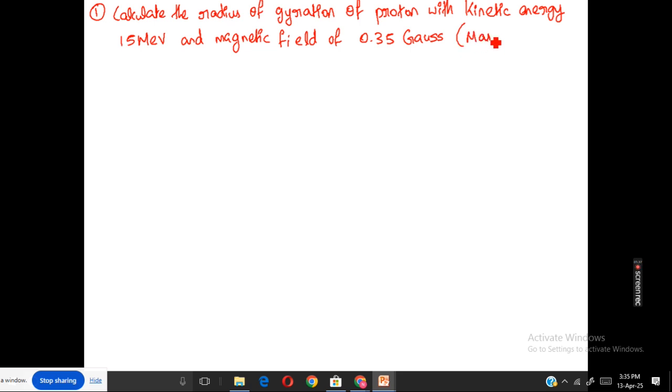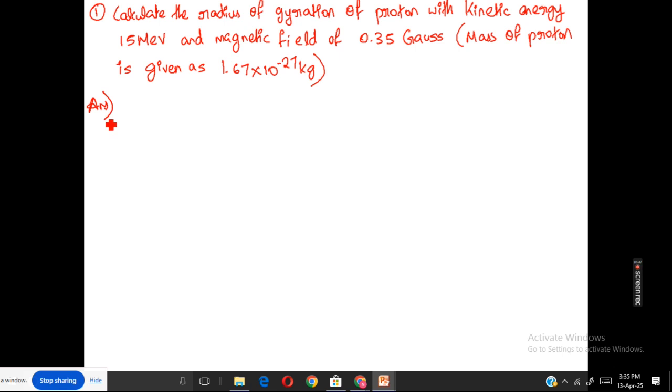Mass of the proton is given as 1.67 into 10 raised to minus 27 kilogram.